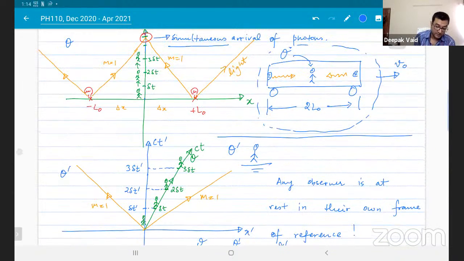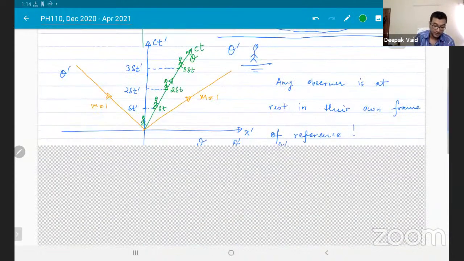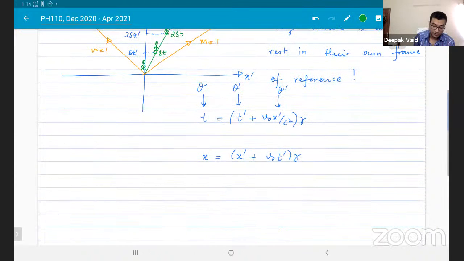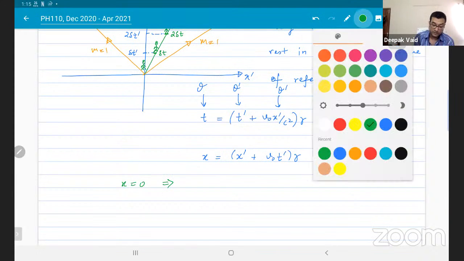Now what is this line? This line corresponds to the equation x is equal to 0. If I say x is equal to 0, what does that imply in terms of the prime coordinates?